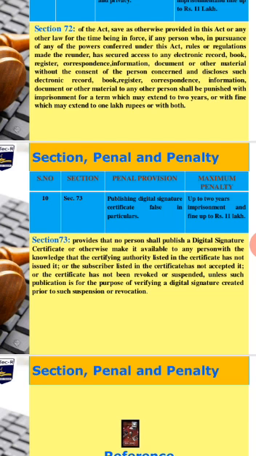If you want to study these extra sections, then you can refer to the book I have mentioned in the references. This is Law on Cyber Crimes along with IT Act and Relevant Rules by P.K. Singh. It is a good book, and you can refer to this book for further reading.